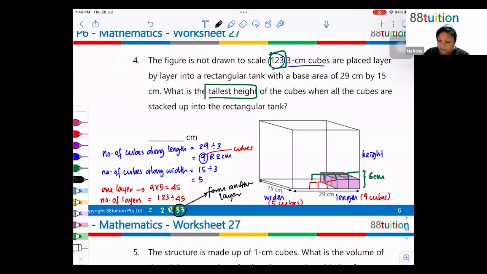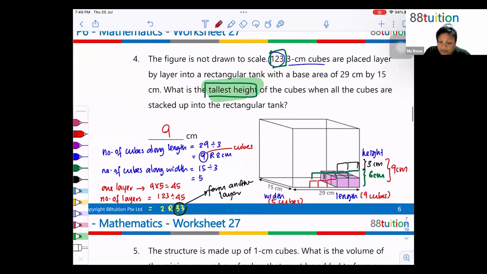Because of part of the layer that you can form, that means you need to add another 3 cm. So what is the total? That's why they say, what is the tallest height of the cubes when all the cubes are stacked up? So if I add them up, I will get 9 cm. Okay? All right, this is what you will have.